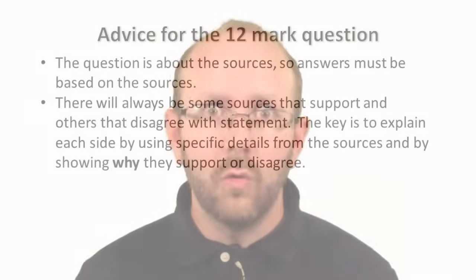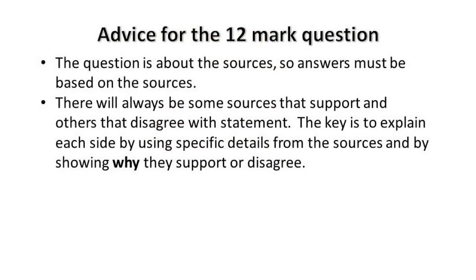Secondly, there will always be some sources that support the statement and some others that disagree with the statement. The key is to explain how some sources support and how other sources disagree. It's not enough just to assert this. You must explain it by using specific details from the sources and by showing why they support or disagree. Because.